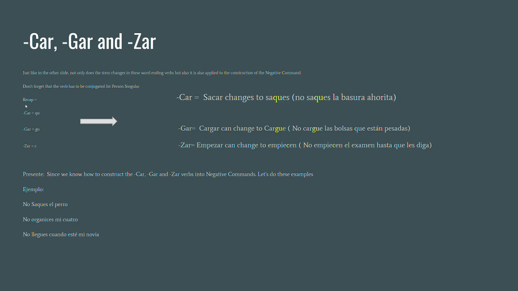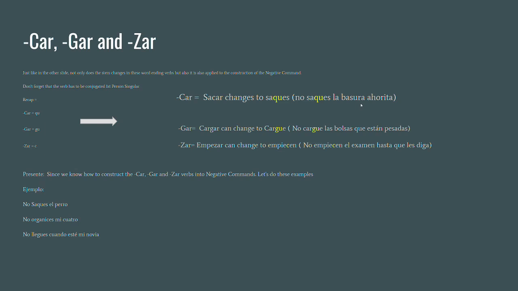Car can change to QU. For example, a car word could be sacar. Sacar changes to saques. No saques la basura ahorita. Don't take out the trash right now.